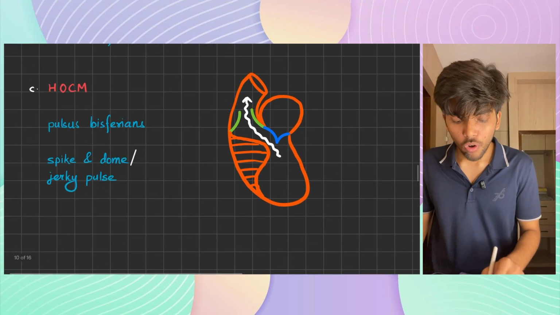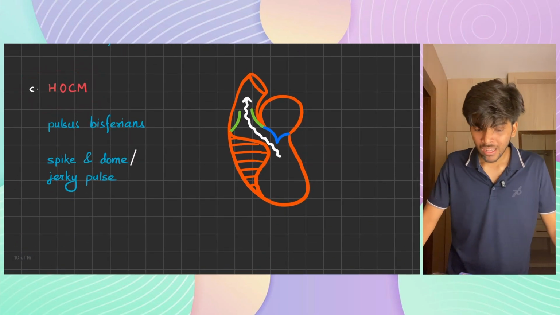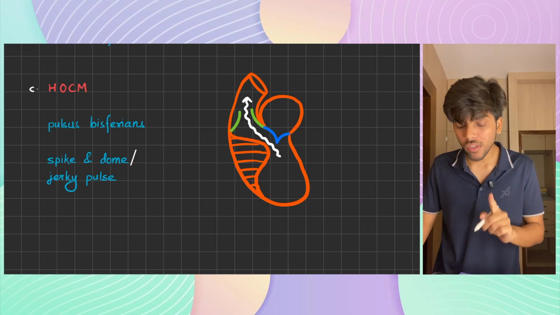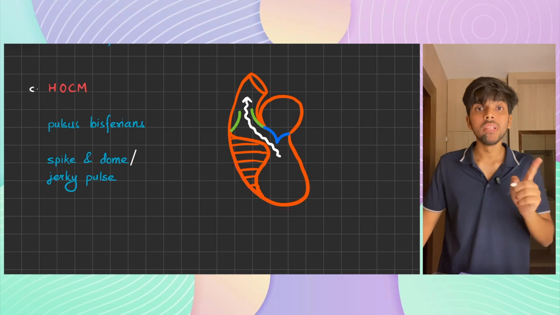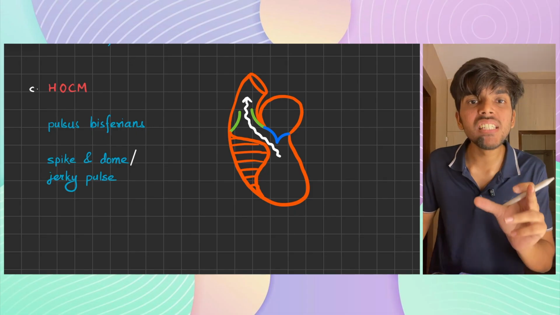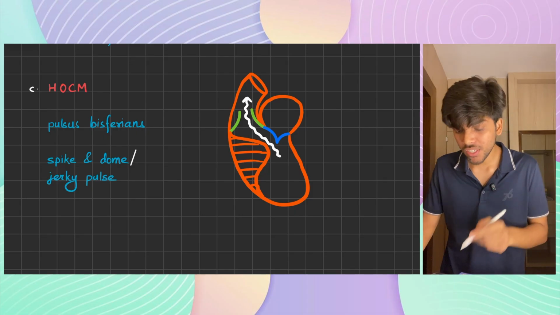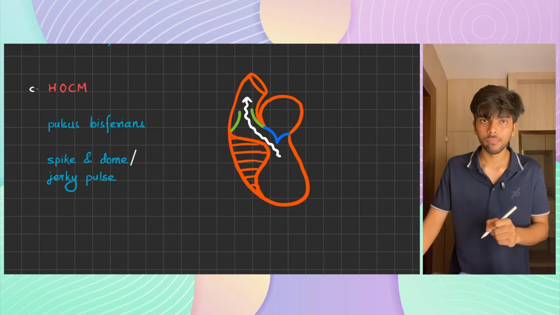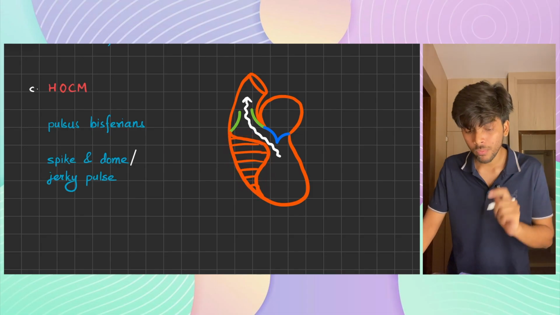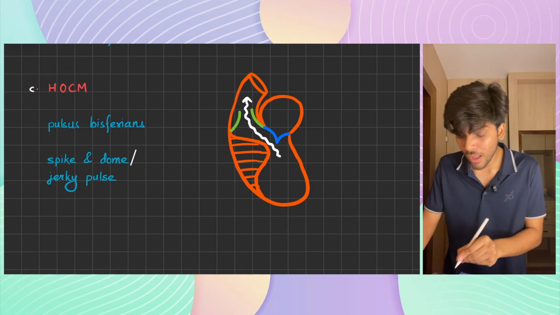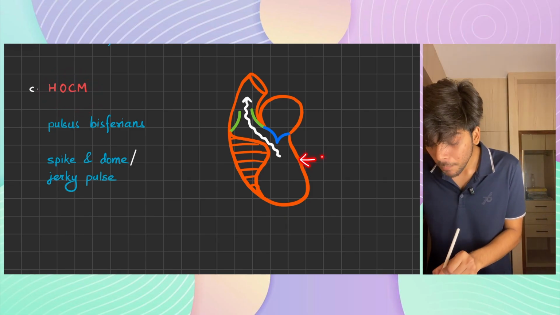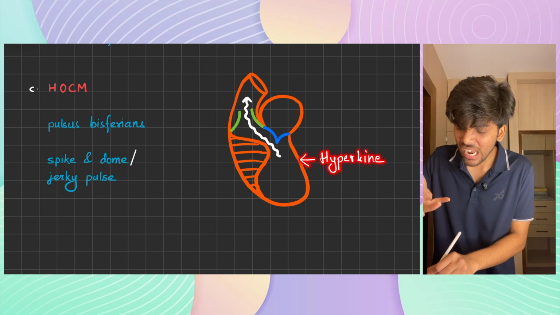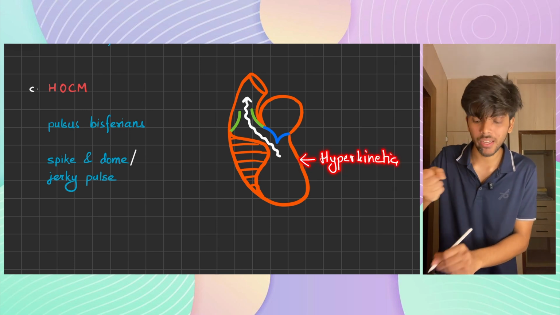Next is hypertrophic obstructive cardiomyopathy. In hypertrophic obstructive cardiomyopathy, there is hypertrophy of the wall of the ventricle, but the hypertrophy is asymmetrical, due to which there is more hypertrophy of the interventricular septum. Number two, the heart is hyperkinetic. That means it contracts vigorously.